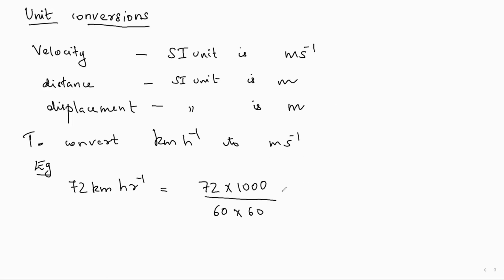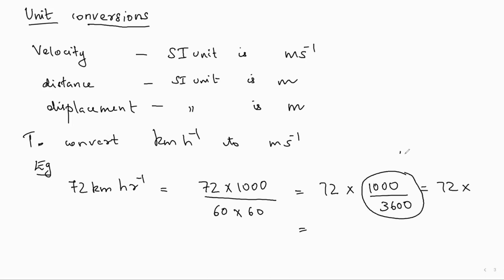We can write it as 72 times 1000 divided by 3600. If you simplify this fraction, it becomes 5 by 18.